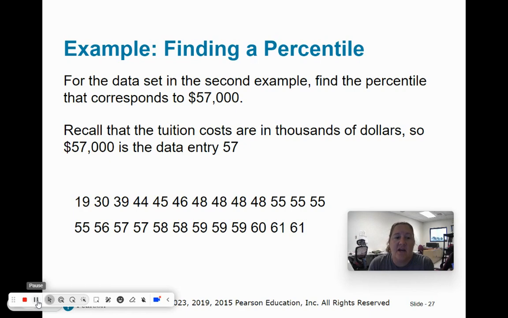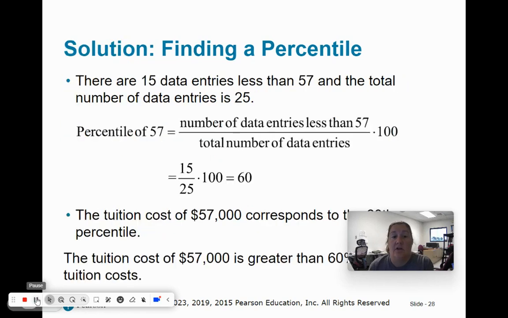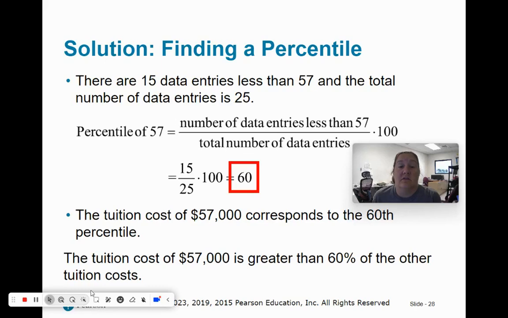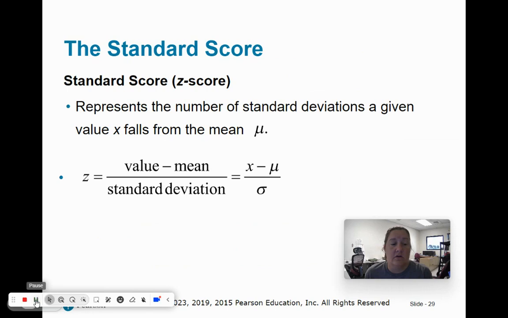If I look at how many data values were less than 57, there are 15 of them, and then divided by the total number of data entries, which is 25, multiplied by 100, we get 60. This is the 60th percentile. So 60% of liberal arts colleges cost $57,000 or less.